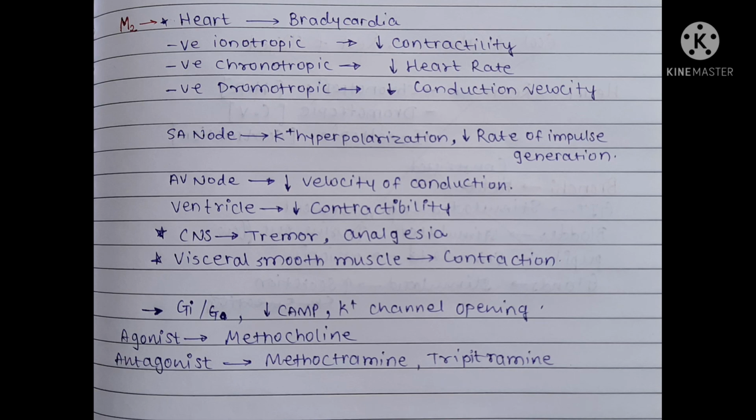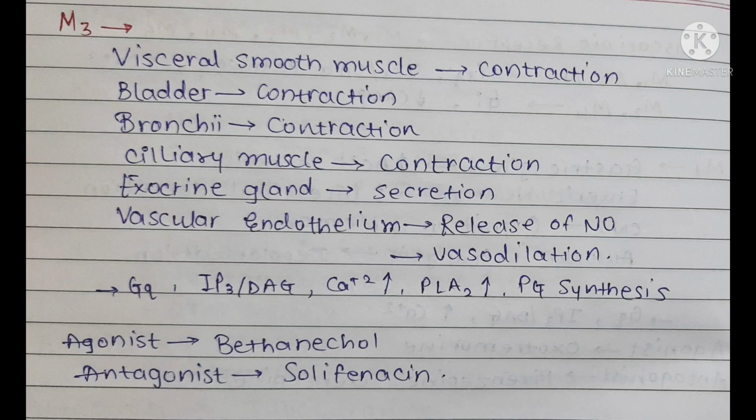In the CNS, it induces tremor and analgesia. At visceral smooth muscles, it produces contraction. It is Gi-Go coupled, decreases cAMP production, and is a K plus channel opener. Agonist is methacholine and antagonists are methoctramine and tripitramine.